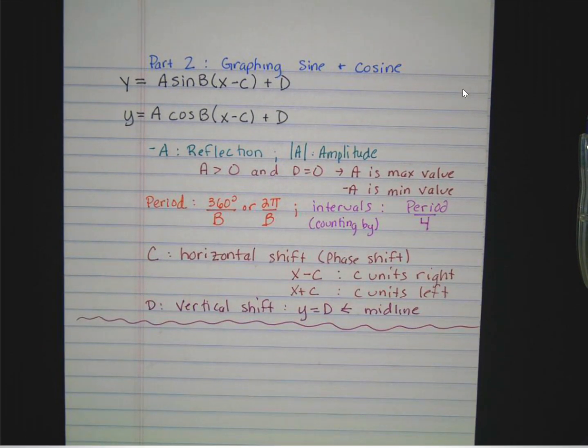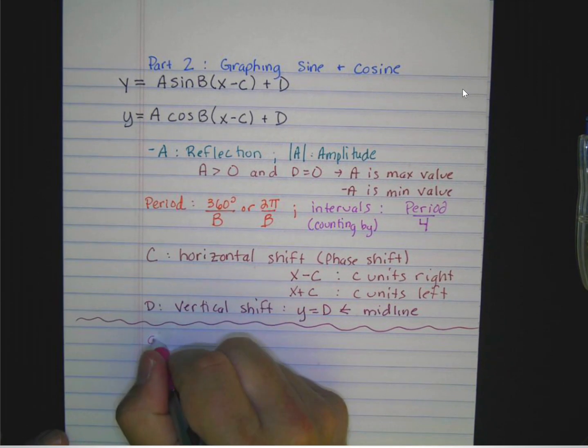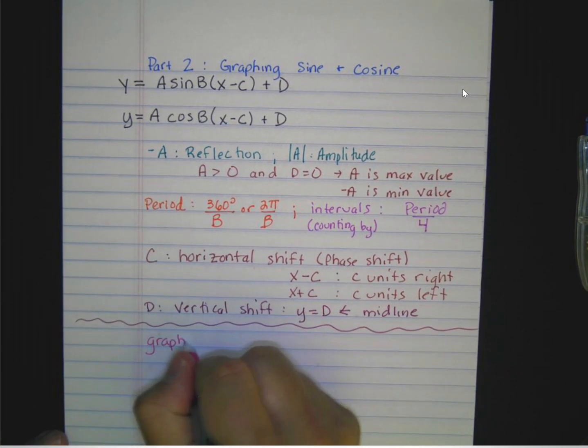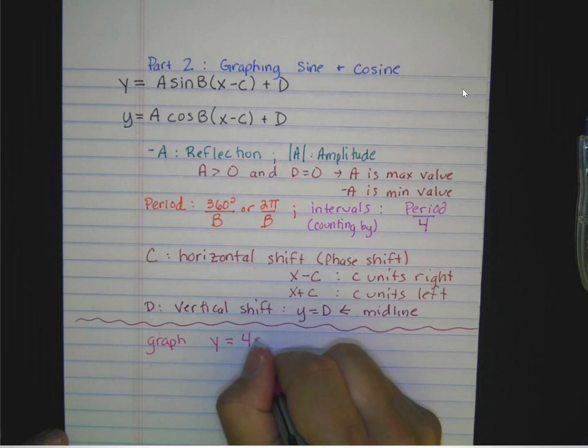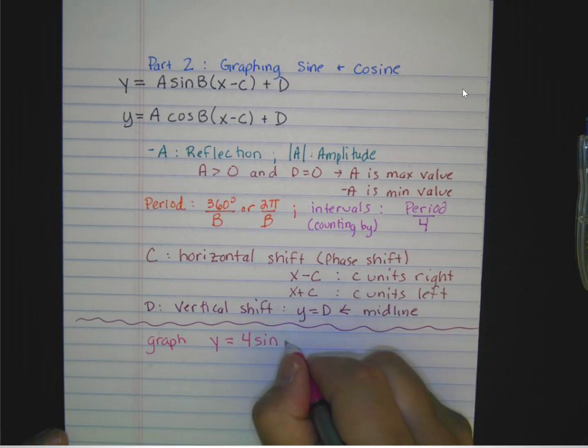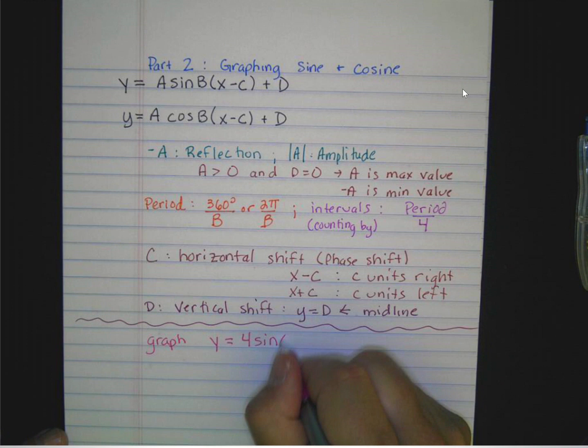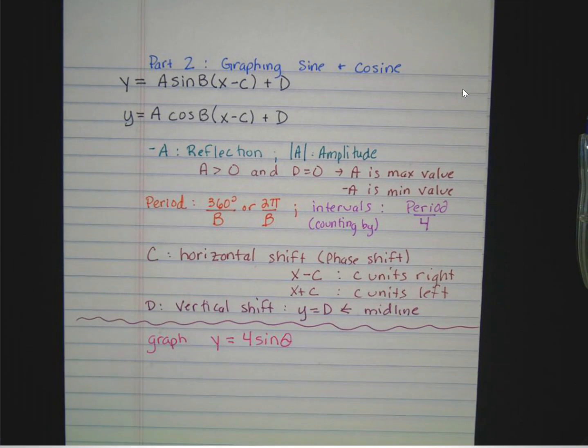All right, so let's see. What do we want to do? Let's do a fairly simple one. We want to graph y equals 4 times the sine of theta. Let me do it.